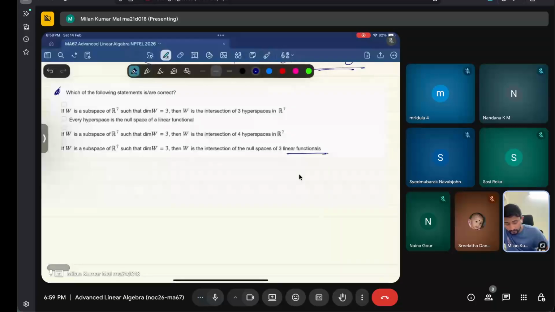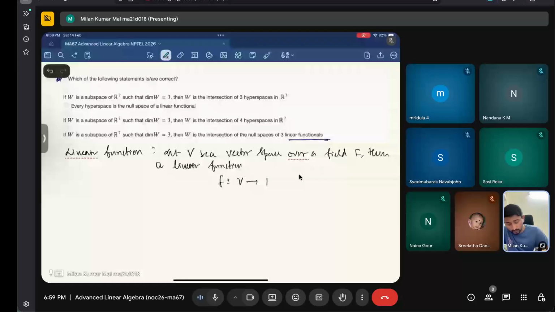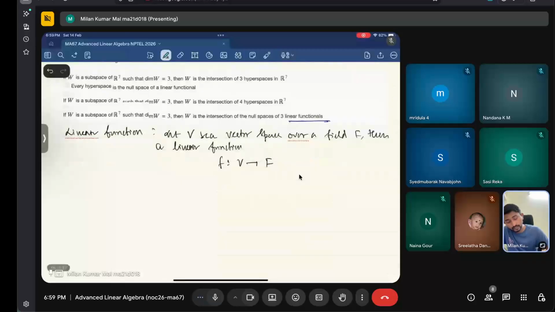Let V be a vector space over a field F, then a linear functional f from V to F, the field F, is a map satisfying the property f of c alpha plus beta is equal to c f alpha plus f beta for all alpha, beta coming from the vector space V, and c is a scalar coming from the field F.